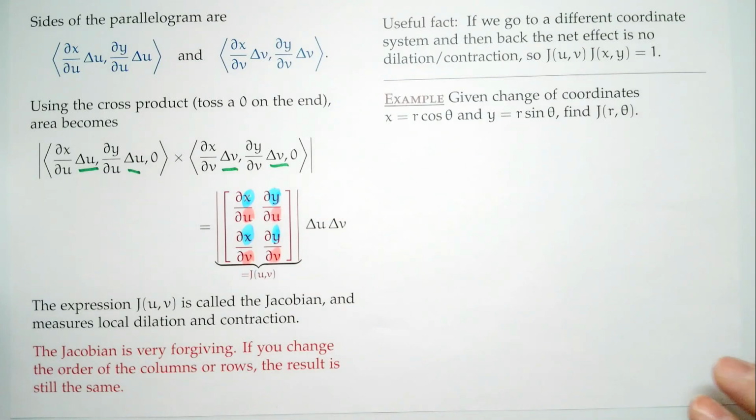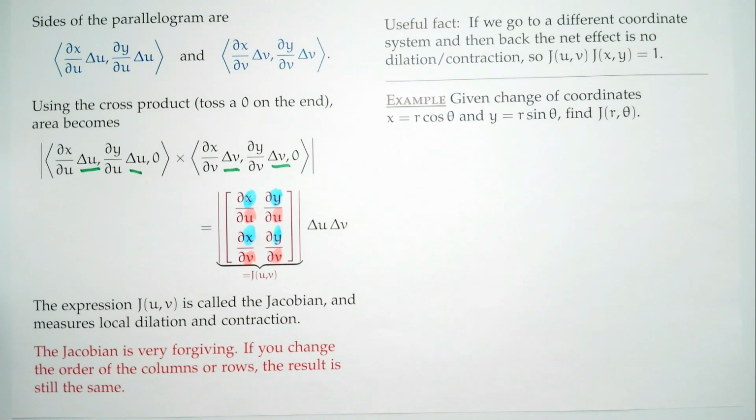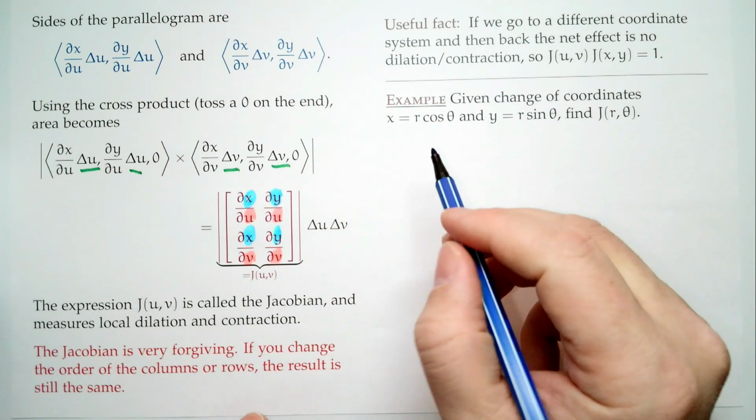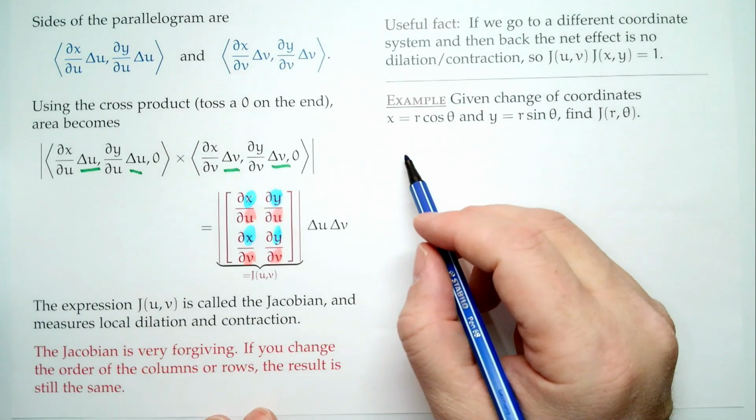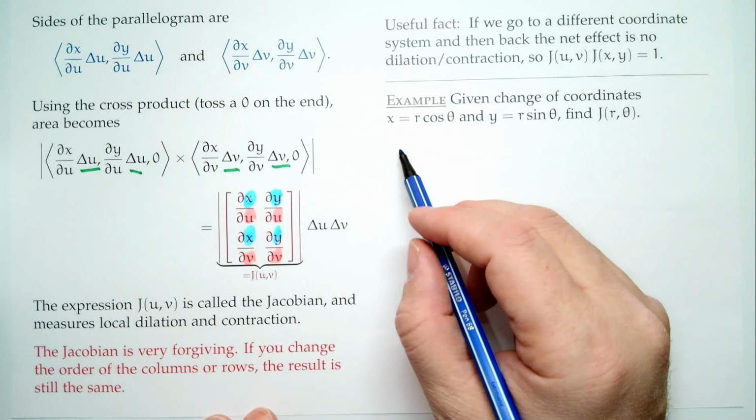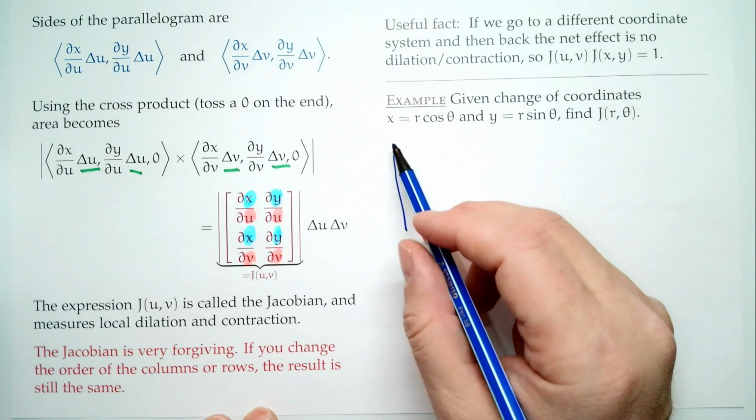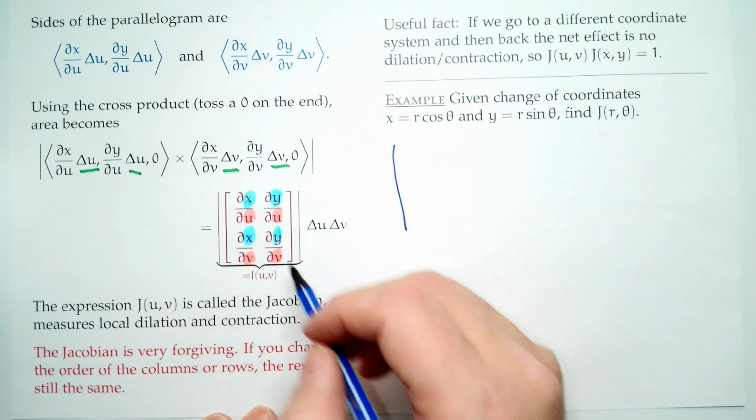So let's do an example. Let's do a change of coordinates. So suppose we do the following. Let's let x equal r cosine theta, and let's let y equal r sine theta. And I want to find the Jacobian of r and theta. So, according to this, we're going to take the determinant.